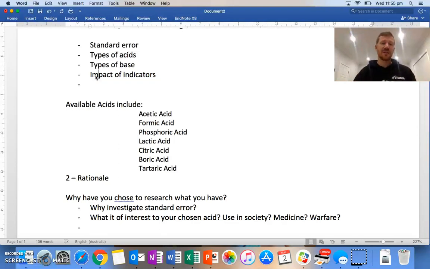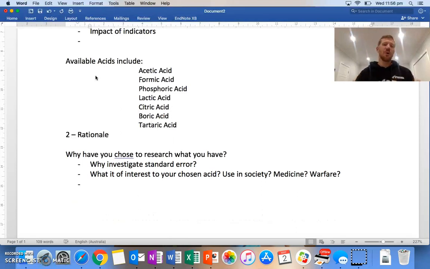You know, phenolphthalein is a weak acid. So by putting in a weak acid, does that alter the results a little bit? If you put 2 drops as opposed to 4 drops, as opposed to 6 drops, as opposed to 8 drops. Okay, but again, your rationale. Why? What's the importance of that? Why do you need to know that? All right. What's the value of you doing it?